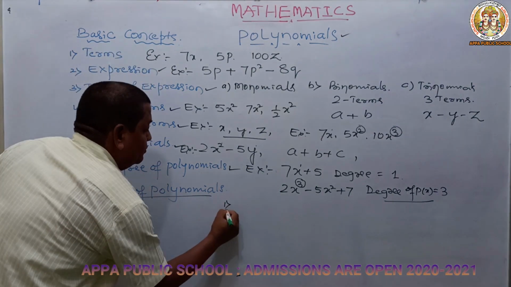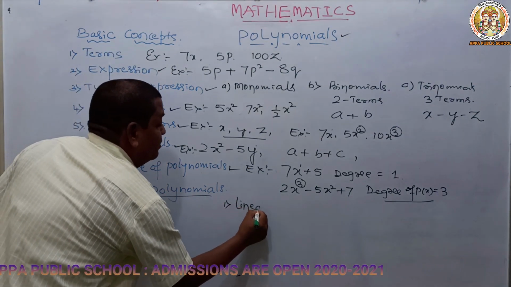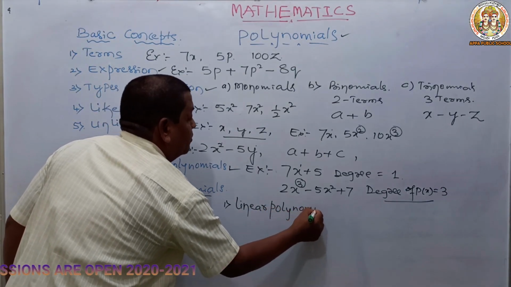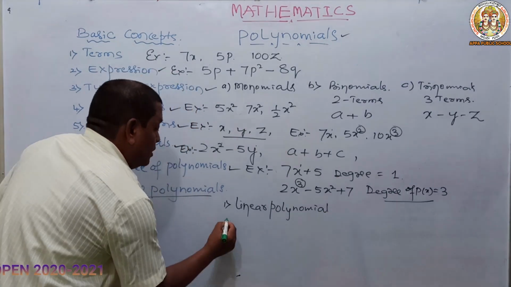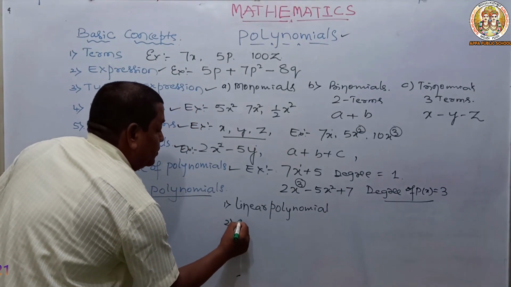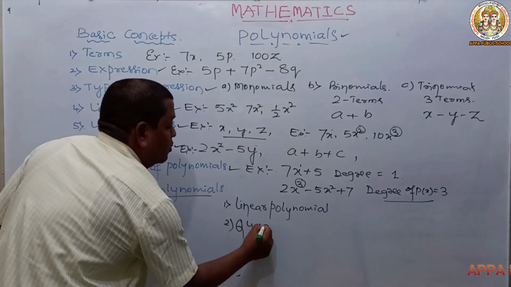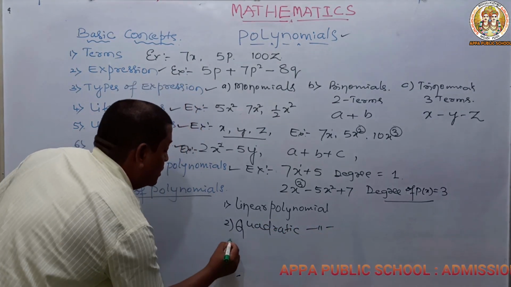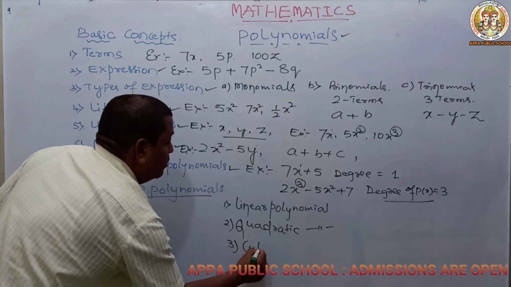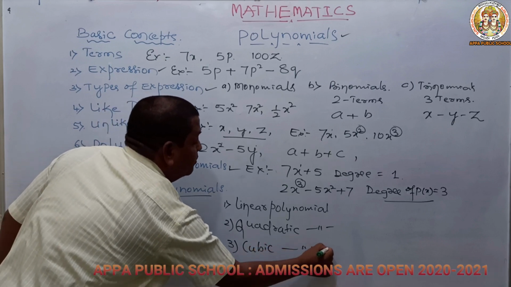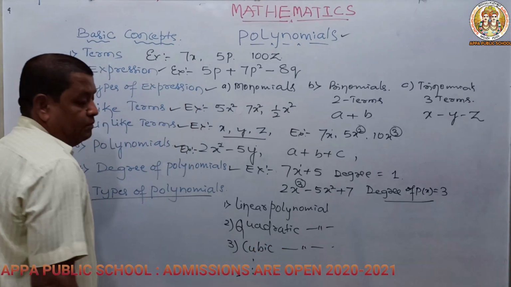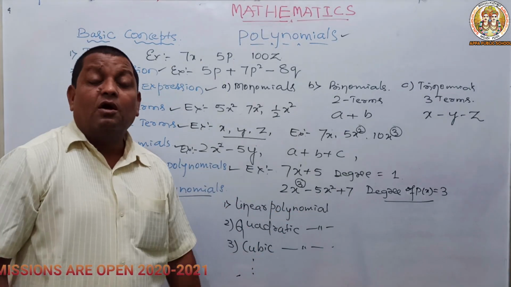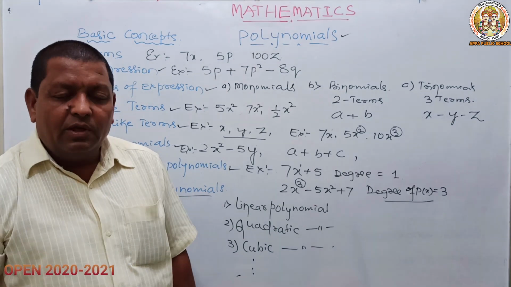First one, linear polynomial. Second one, quadratic polynomial. Third one, cubic polynomial. And so on. Let me tell once again what you mean by linear polynomial.